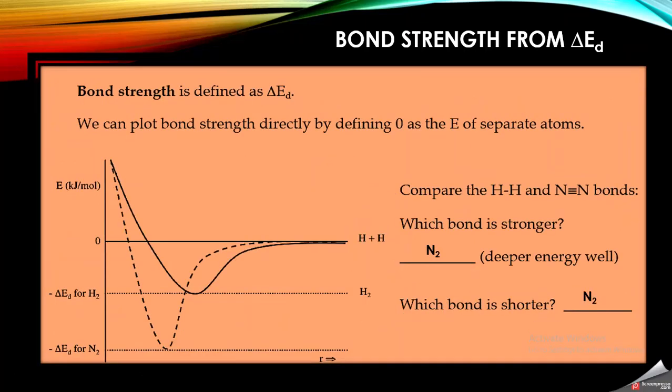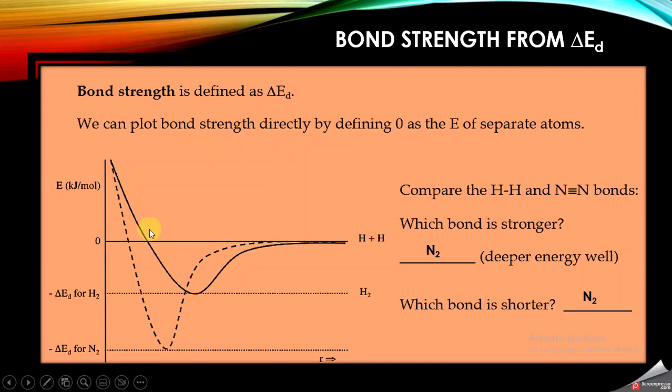Now, if you are given the interaction energy curves of two molecules, you can also compare the bond strength of the two molecules. For example, in this diagram, the dotted line represents the interaction energy curve for the nitrogen molecule, and the one above is for the hydrogen molecule.